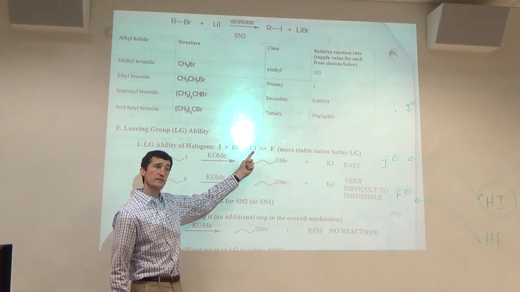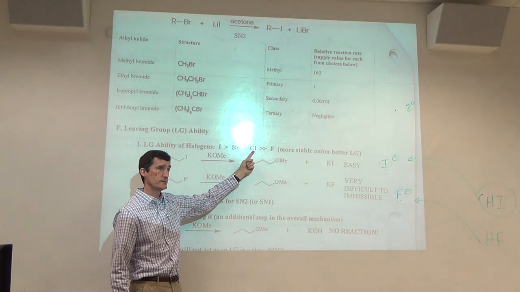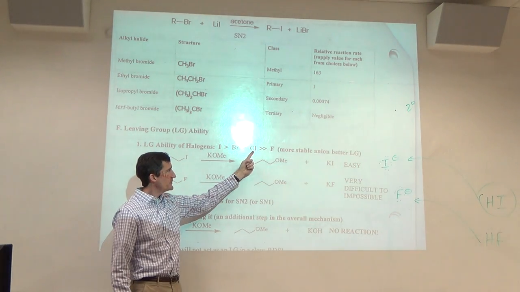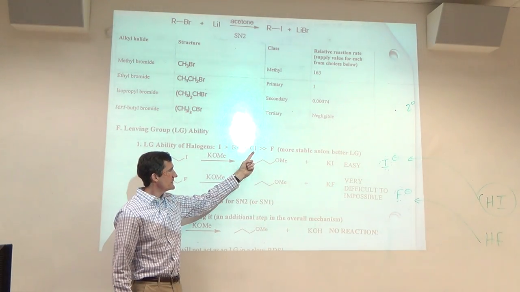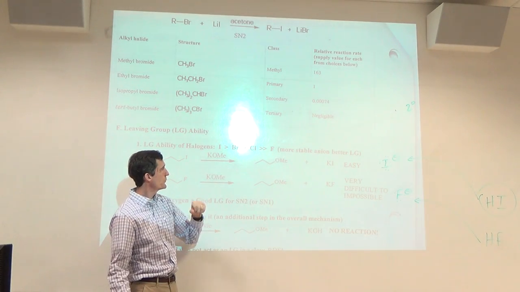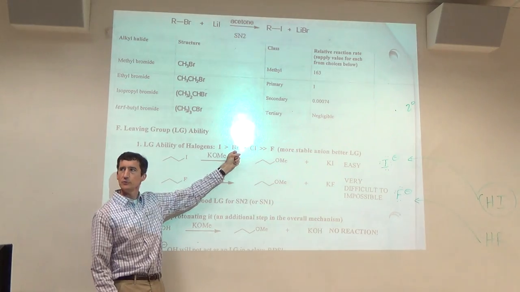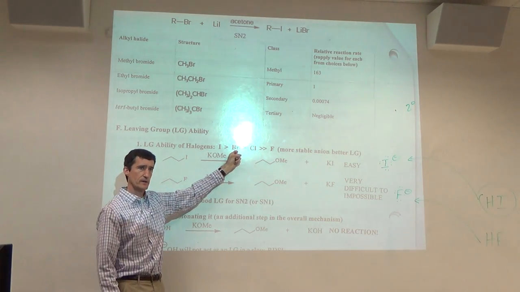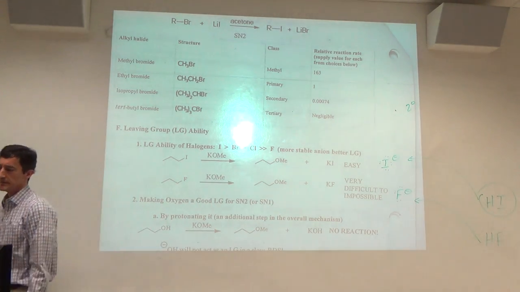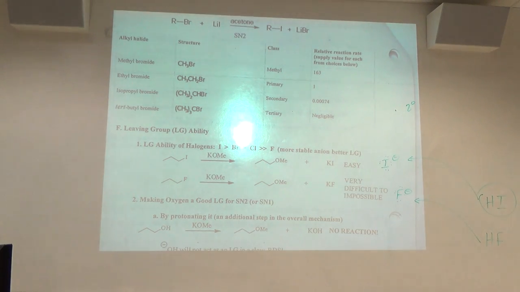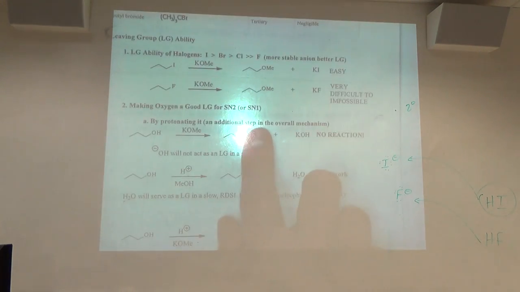In industry, they tend to use chloro because it's the cheapest, and they're using 100 kilograms. But it's not the greatest leaving group. In terms of price, stability, and everything, bromine is usually the most used, especially at the research level. Iodine is just more expensive and less stable. So just a couple of practical considerations.